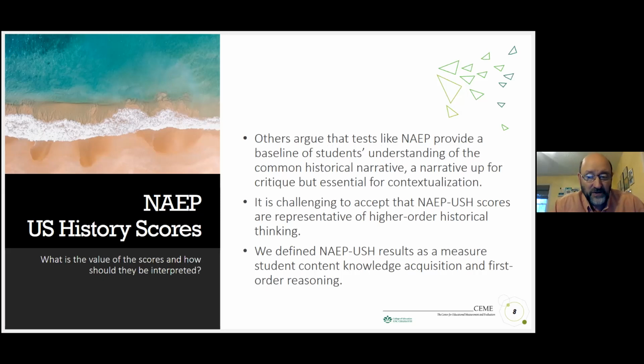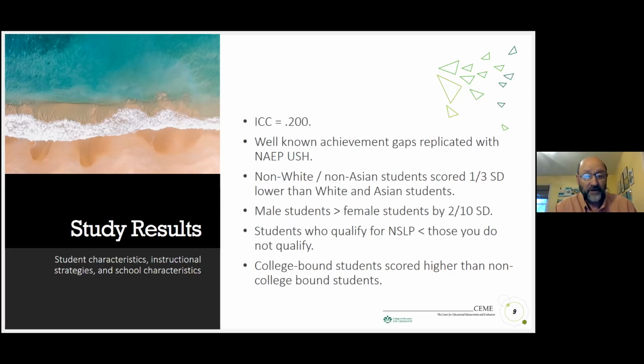And it's a narrative, of course, that can be up for critique, but it may be essential for researchers to contextualize where the nation's students are in gathering historical knowledge. We found it as a team a little bit challenging to accept that the NAEP US history scores are representative of real higher order historical thinking, but we defined our findings in terms of a general knowledge of some student content knowledge acquisition and maybe first order reasoning skills.